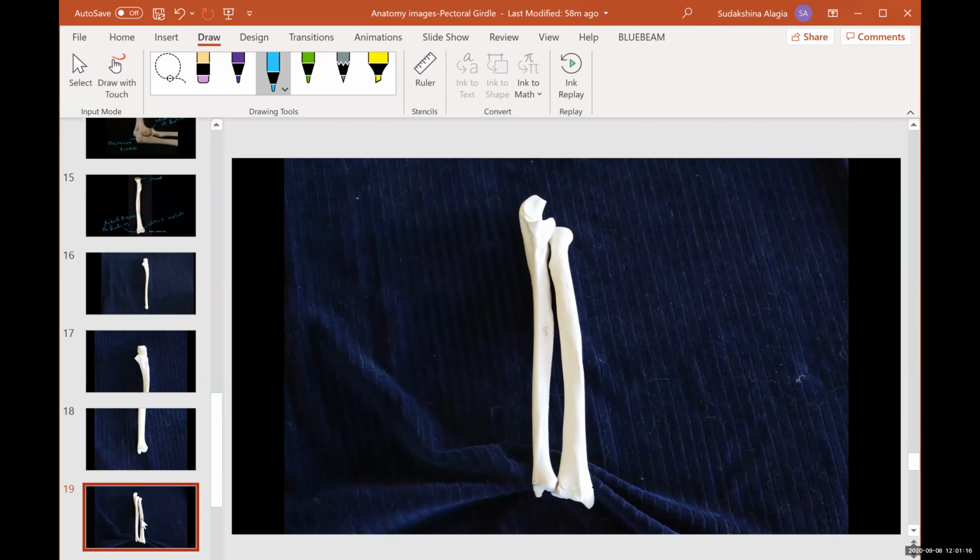Radius and ulna together. This is how these two bones articulate. They are not exactly straight next to one another, but rather a little bit, ulna is slightly rotated. If we know radius is the lateral bone, ulna is the medial bone, which side of your forearm is this? Is this left or right?